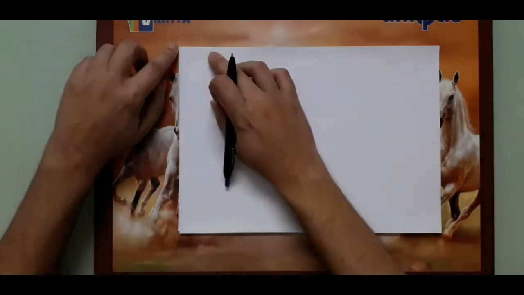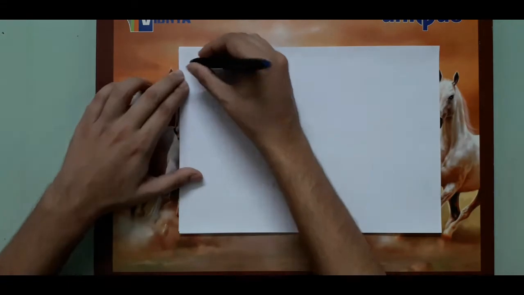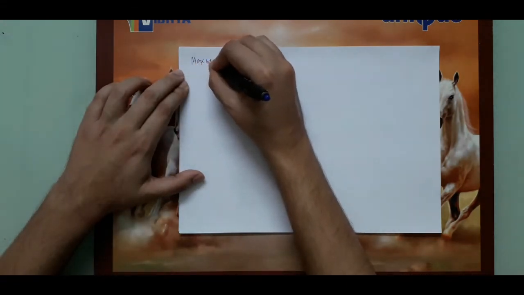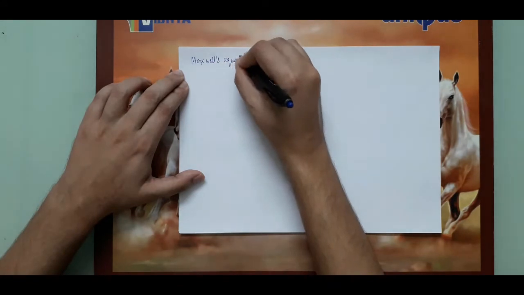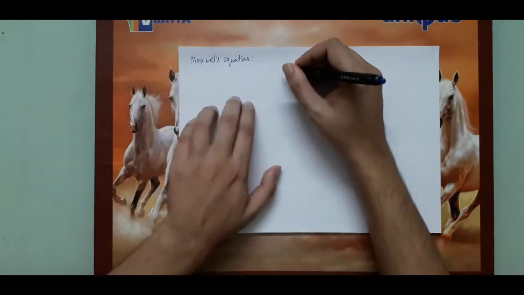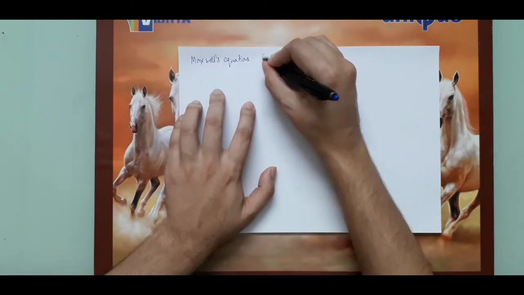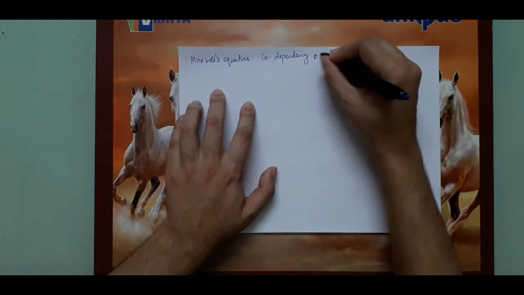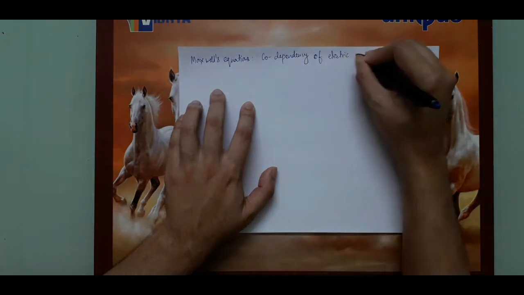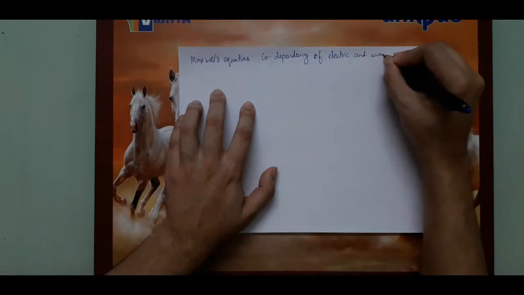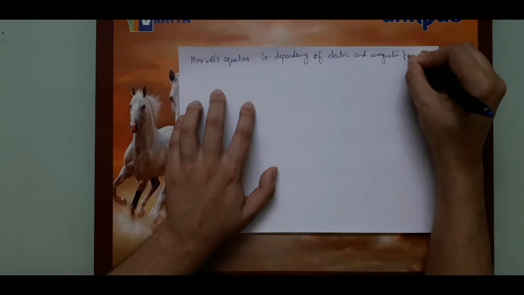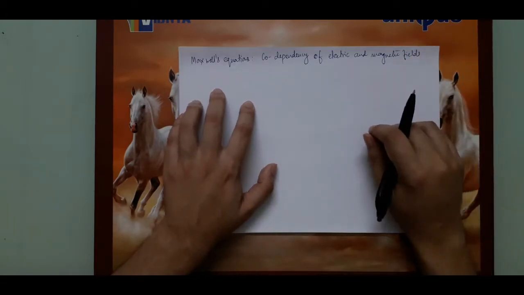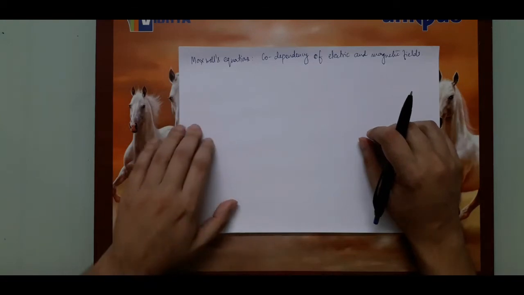Now what Maxwell proved was that electric and magnetic fields in a medium are dependent on each other. So let's take an example and see this.